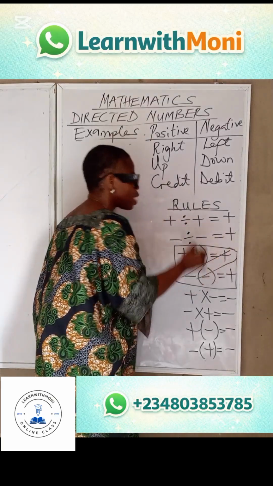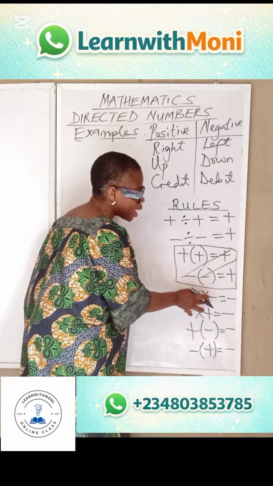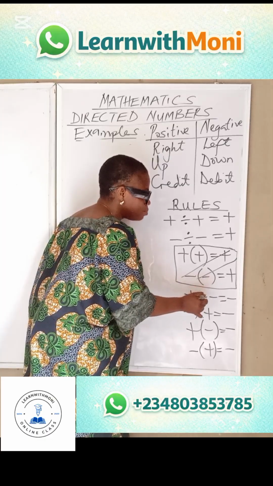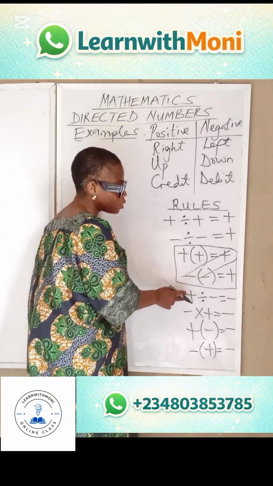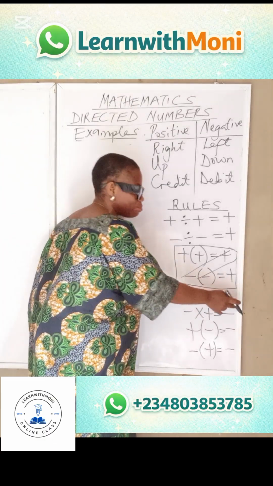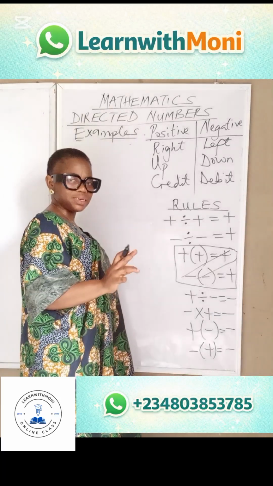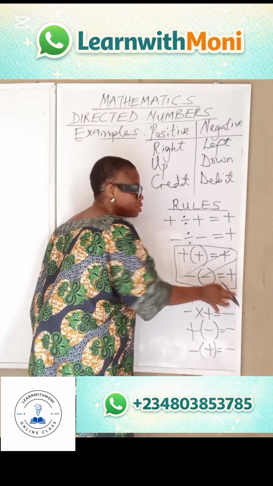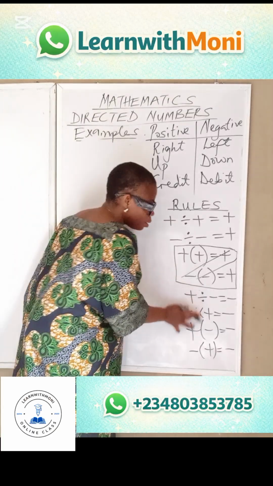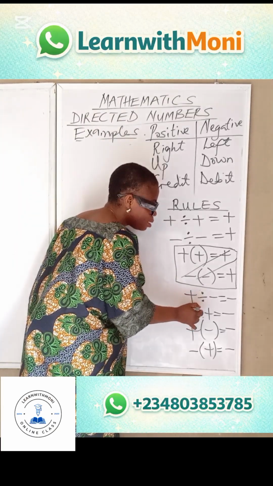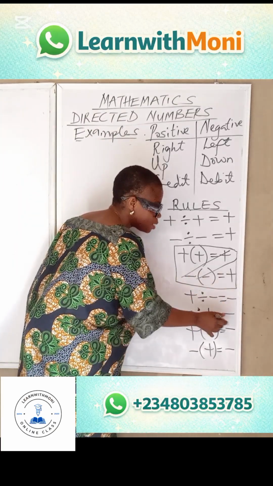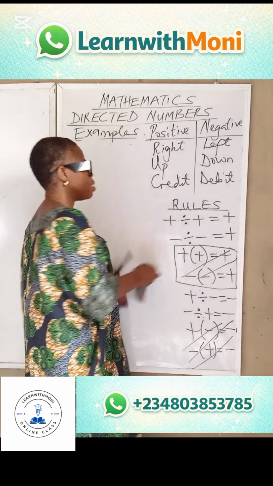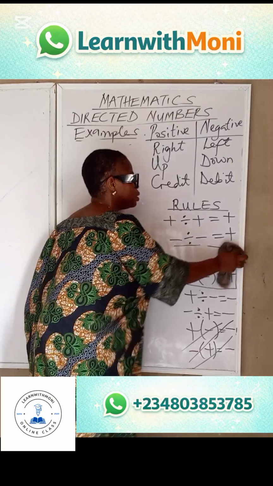No, it is not applicable. But look at what I have here. When the signs I am dividing are different, plus divided by minus is minus. When the signs are different, the sign of the product is minus. Negative divided by positive is also negative. Note that bracket is not applicable when it comes to division.